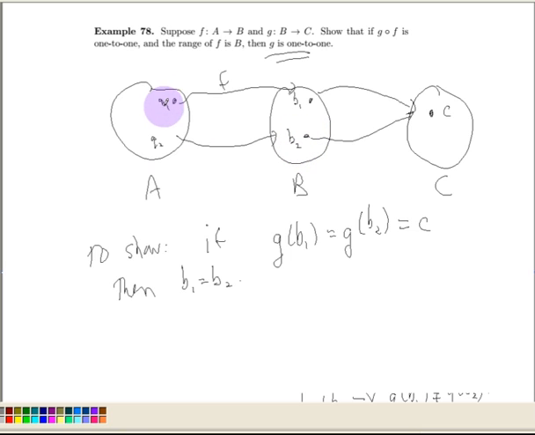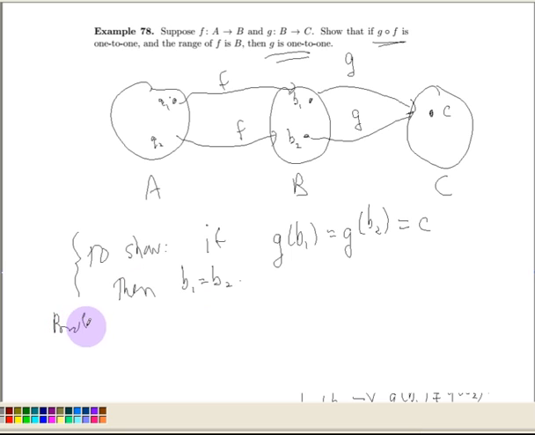But then what do I have? I have G composed F of A1 is equal to C, and G composed F of A2 is equal to C. Now, since, by hypothesis, G composed F is one-to-one, that means that A1 must be equal to A2. If A1 is equal to A2, then F of A1 is equal to F of A2, which means that B1 is equal to B2.